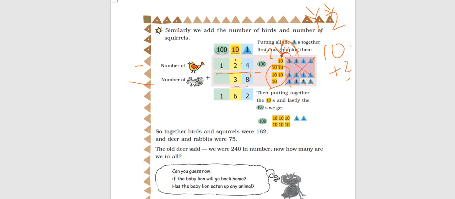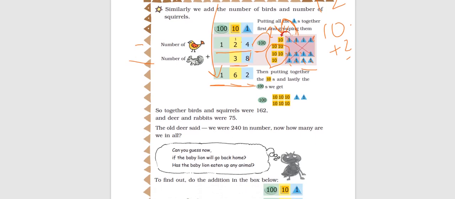So that is 6 tens. And the remaining ones stay there as they are, 2 ones. And 100. Put 1 in the hundreds column. So that's a total of 162. Okay. So together, birds and squirrels were 162, and the rabbits and deer are 75.